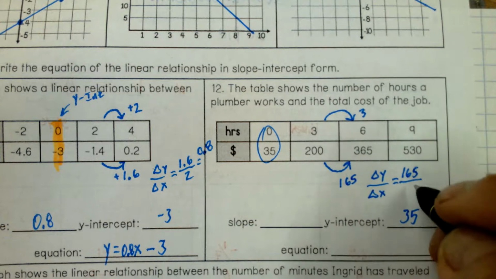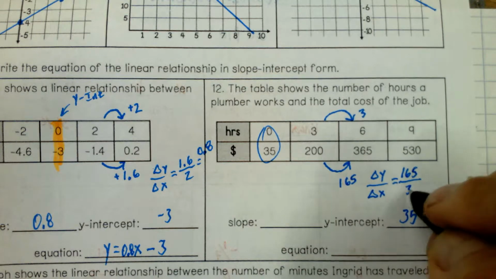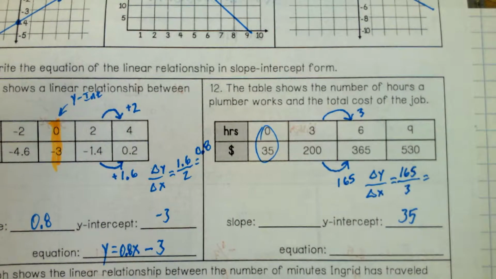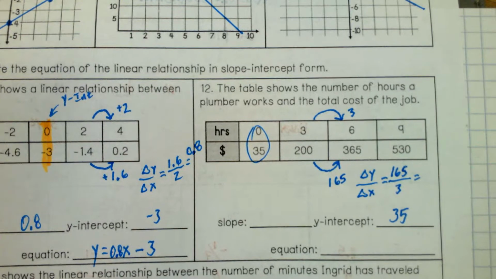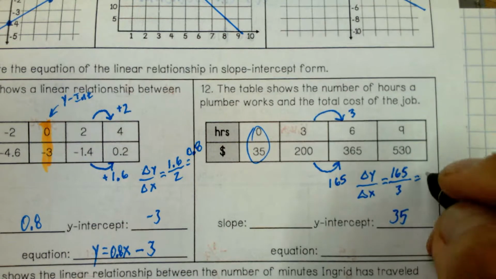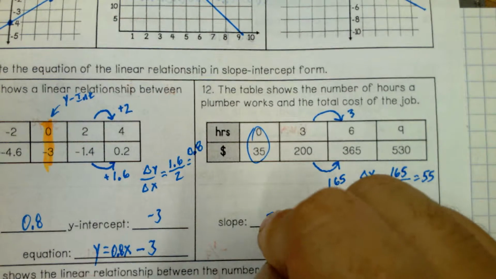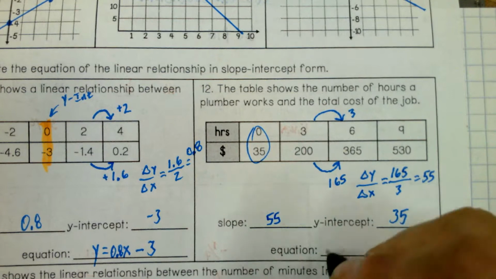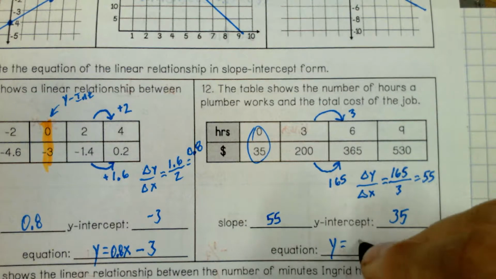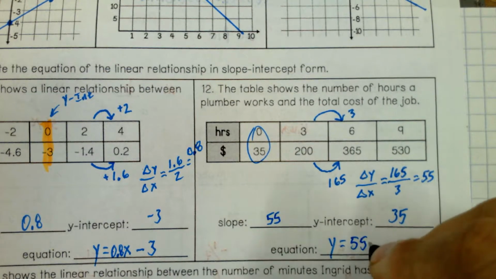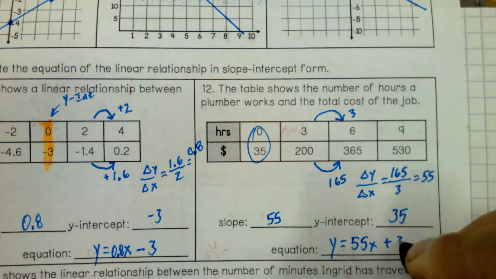Our change in x was 3. So what's that going to be? 165 divided by 3. Okay, so y equals 55 times x plus 35.